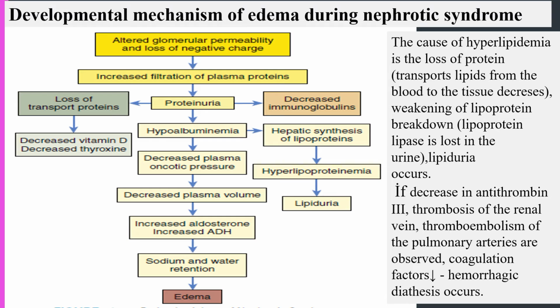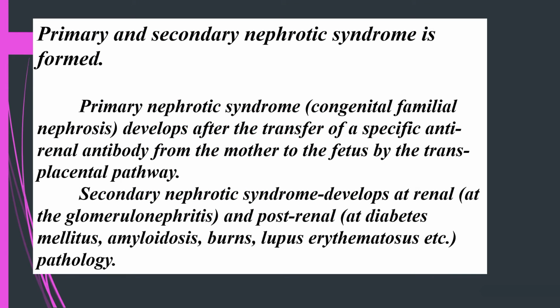If antithrombin 3 decreases, thrombosis of the renal vein and thromboembolism of the pulmonary arteries are observed. Coagulation factors decrease, and hemorrhagic diathesis occurs. Primary and secondary nephrotic syndrome are formed.